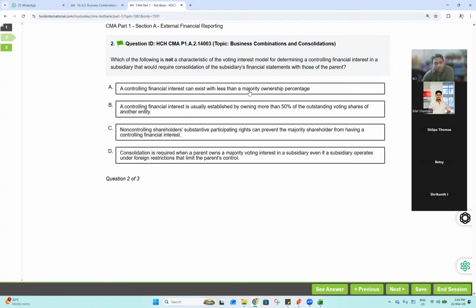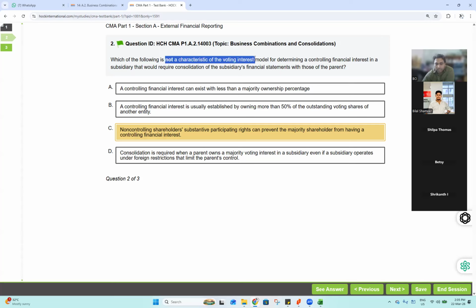You had mentioned that. So it's not that. Non-controlling shareholders' substantive participating rights can prevent the majority shareholder from having a controlling financial interest. This is where that is non-control, not possible. This is the non-voting interest model, right? Yeah, voting interest model. They're asking not a characteristic of the voting interest model. In a voting interest model, this is what we say.